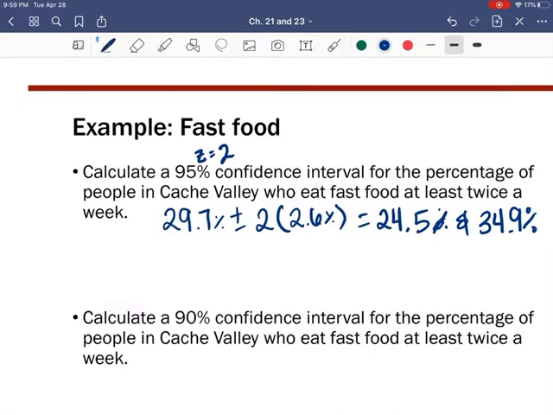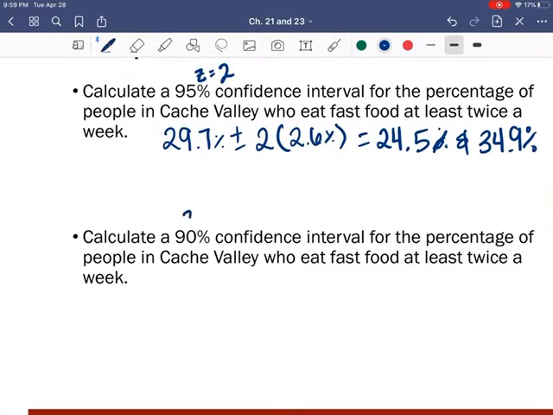So we are 95% confident that the true percentage of Cache Valley people who eat fast food at least twice a week is in between these two numbers.